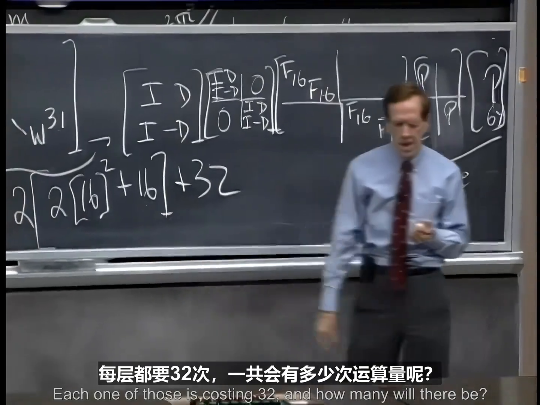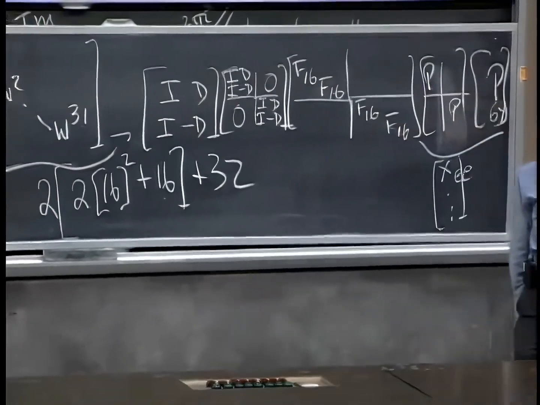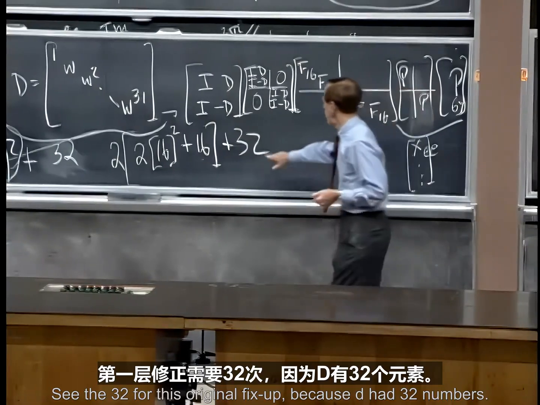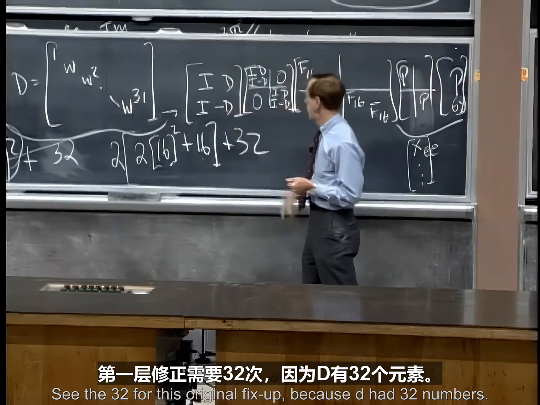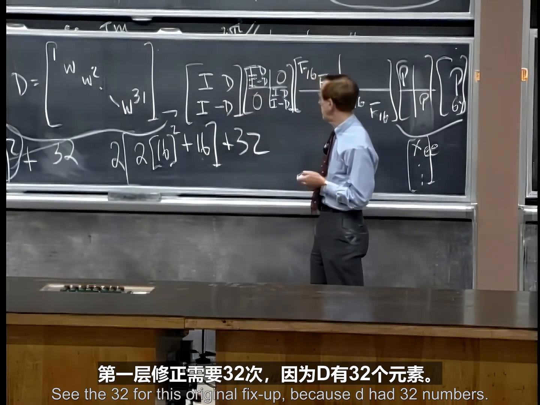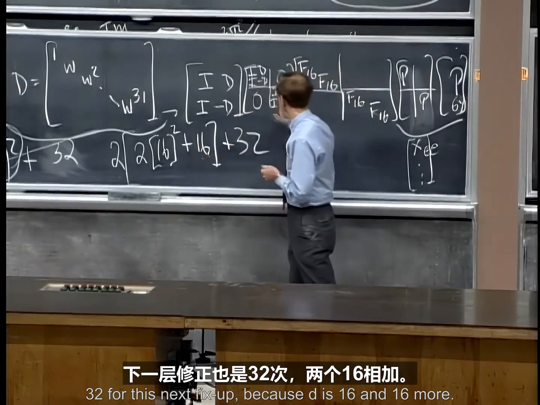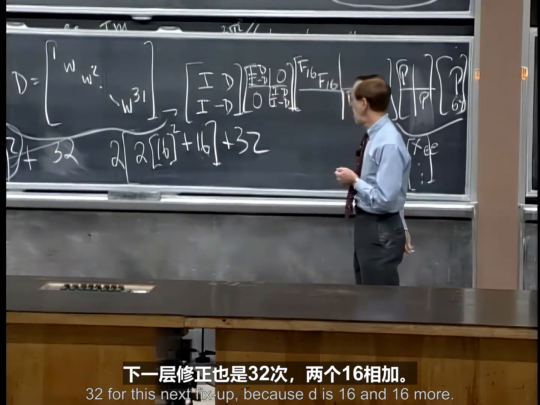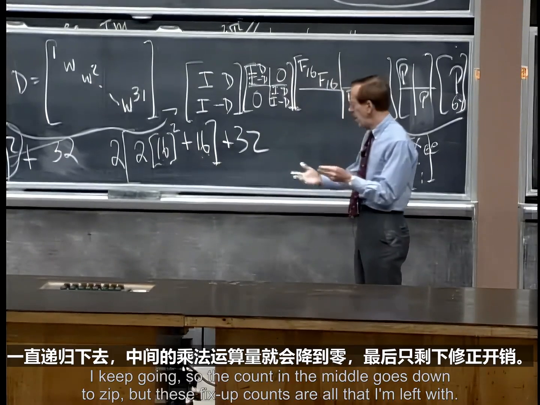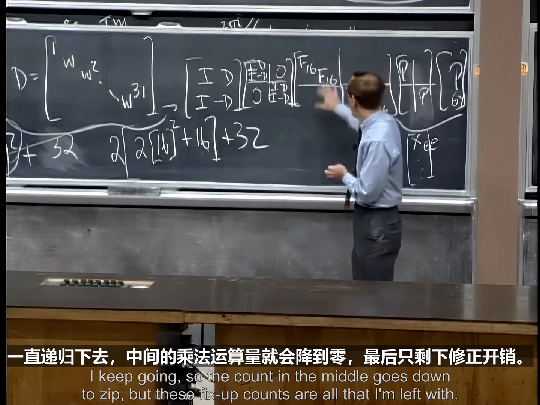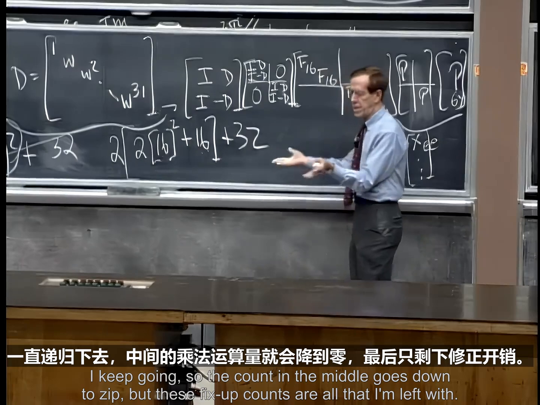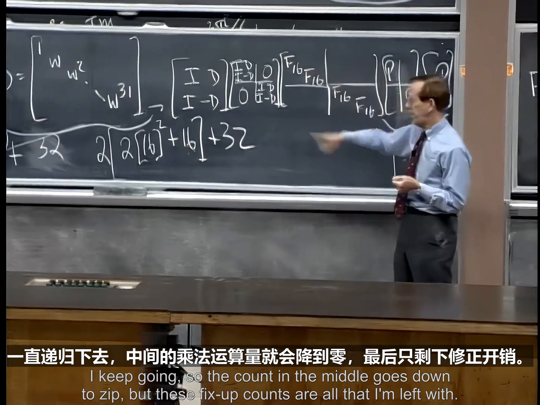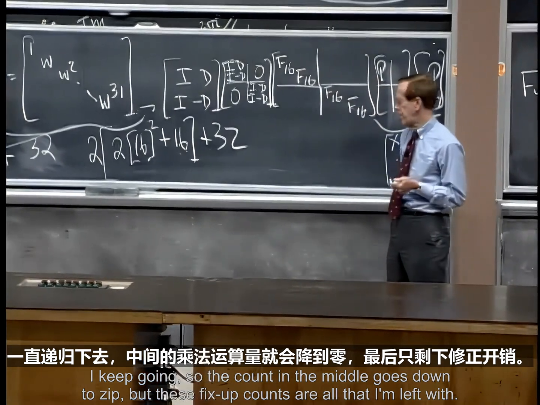And how many will there be? So you see the 32 for this original fix-up, because D had 32 numbers. 32 for this next fix-up, because D is 16 and 16 more. I keep going. So the count in the middle goes down to zip, but these fix-up counts are all that I'm left with.